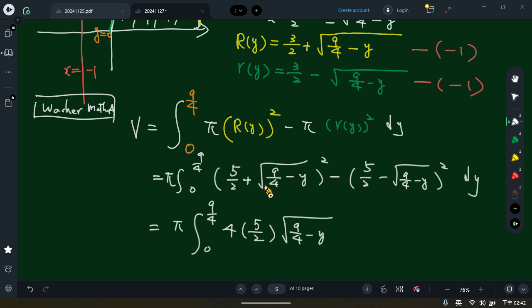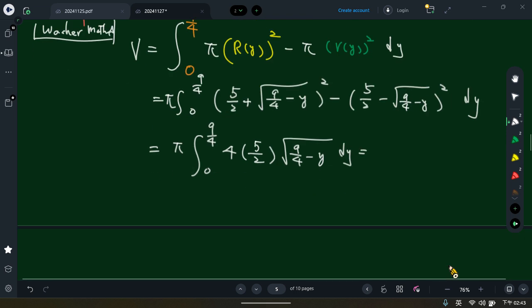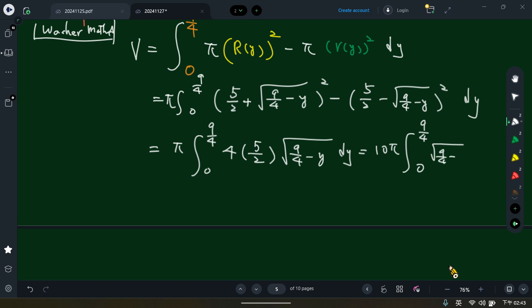You can regard this as (a plus b) squared minus (a minus b) squared. So finally we have 4ab, then dy. So the result will be here 10 pi integral from 0 to 9/4 square root of this one. And also do some calculation, you can get the result like this one.